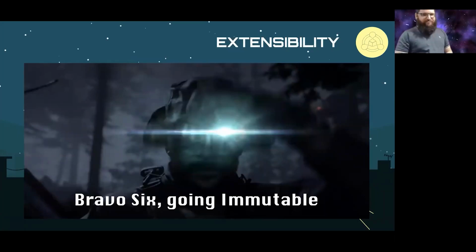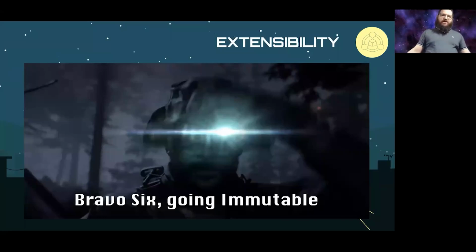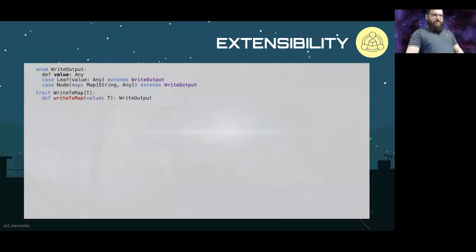Let's go immutable. What does this type derivation API look like for nice immutable things? Well, the first thing is we want to be able to define what the thing looks like when it comes out of a write to map. A write to map has to be able to have a map come out of it, fine, right? That's where we store the reflective information coming out of our object.